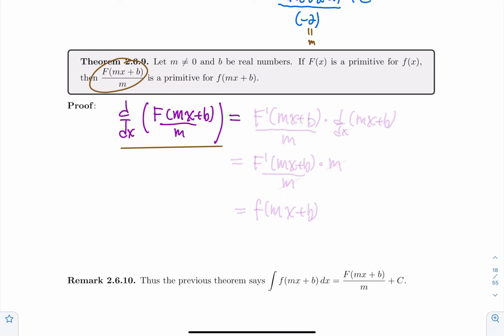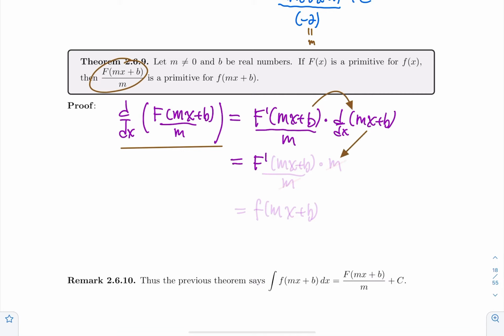So the derivative of big F of something, you're going to get f prime of that something times the inside derivative, the derivative of the linear function mx plus b. The over m is just a coefficient, so you can just leave it outside. And of course, the derivative of mx plus b, it's a linear function, you're just going to get m.